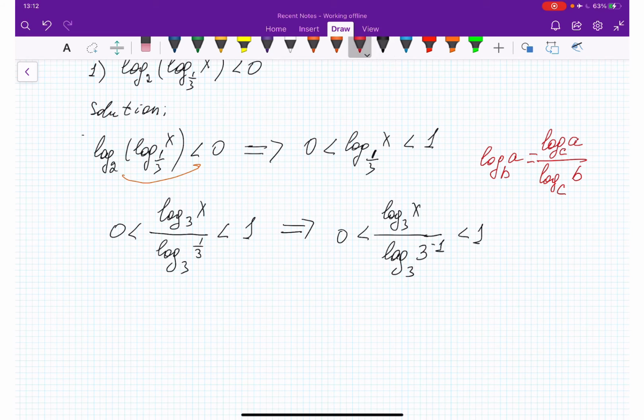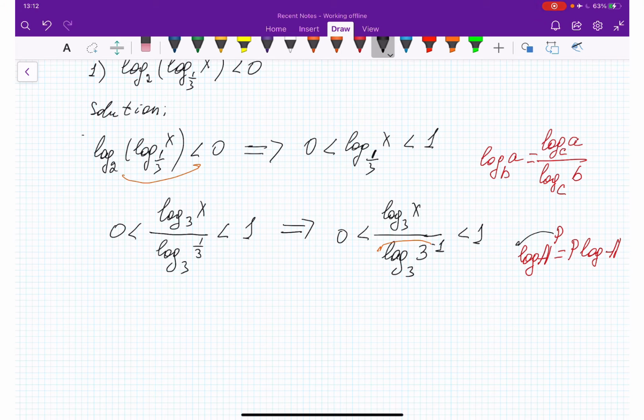And then based on properties of logarithm, if you have logarithm a to power p, it is equal to p times log a, which means this power p comes in front, right? So I'm going to apply this property here, and this negative comes in front, and logarithm 3 by base 3 is 1, right?